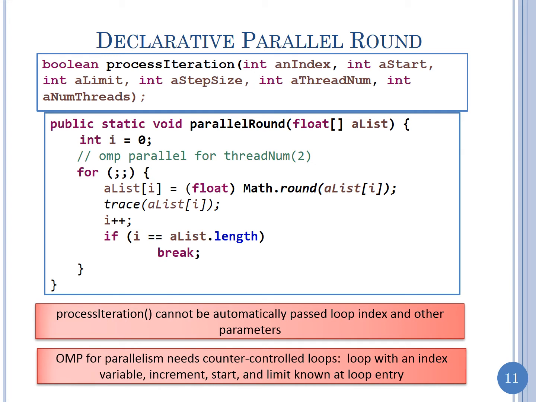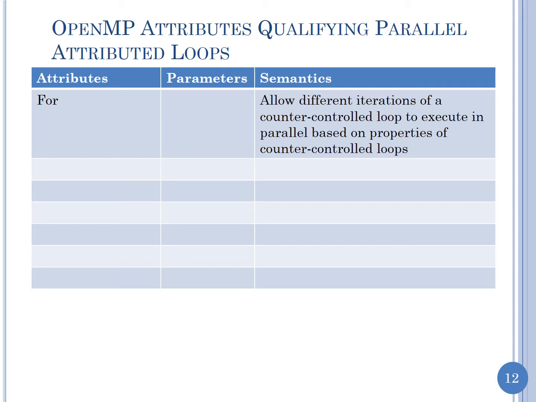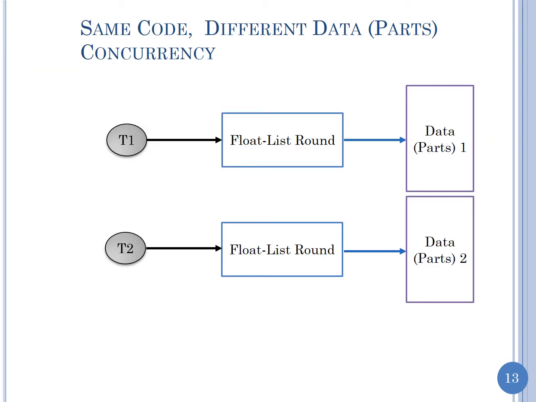And event is that while the loop is executing, the termination condition can be known at that time dynamically, not at the start of the loop. Okay, so allow different iterations of a counter control loop to execute in parallel based on properties of counter control loops.